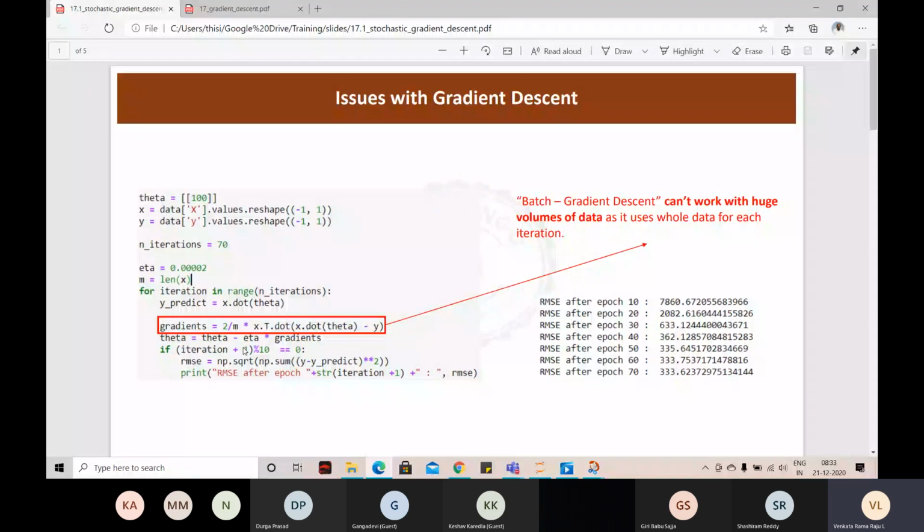Y predict is a column vector with m number of predictions. Do you agree?